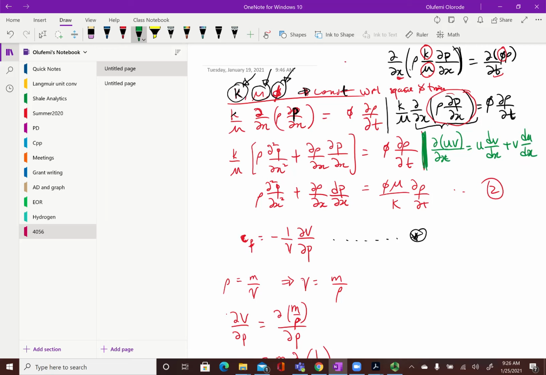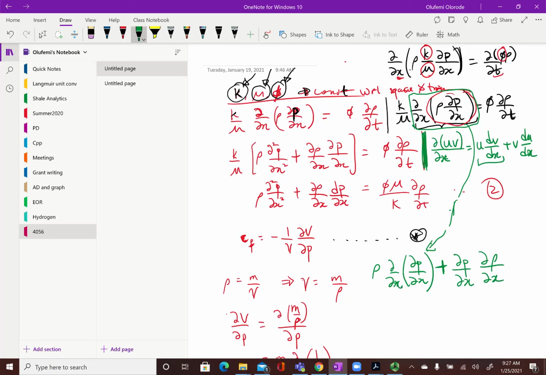That's what we use for this term. Ignoring k over mu for a minute, we keep rho and differentiate dp/dx, then keep dp/dx and differentiate rho with respect to x.